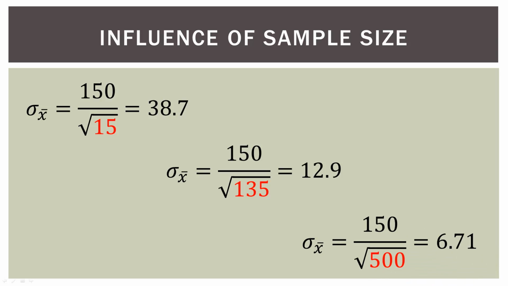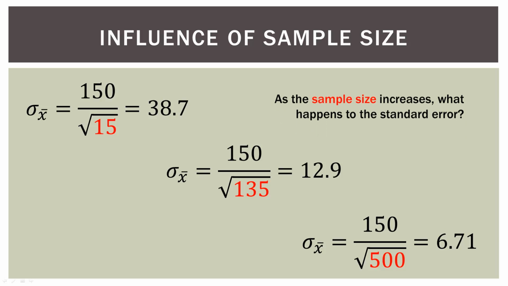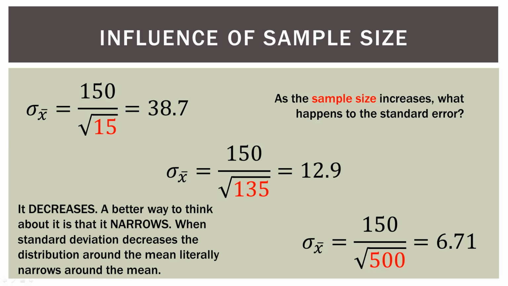Now let's up it again. How about a sample size of 500? Now what happens to the standard error of the mean? Now it's 6.71. So what's happening? As the sample size increases, what happens to the standard error of the mean? It decreases. Now, a better way to think about this is that it narrows. Because remember, the standard error of the mean is a standard deviation.